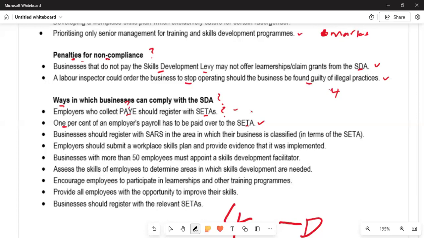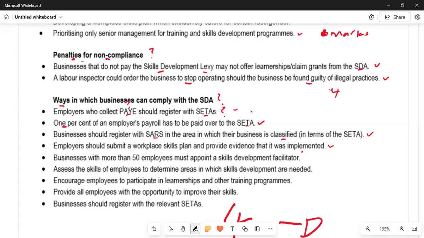Businesses should register with SARS, in the area in which the business is classified in terms of SETA. Employers should submit the workplace skills plan. It's very important to know what this is all about. You find that businesses can lay off employees, so the SETA wants to know what those plans are.